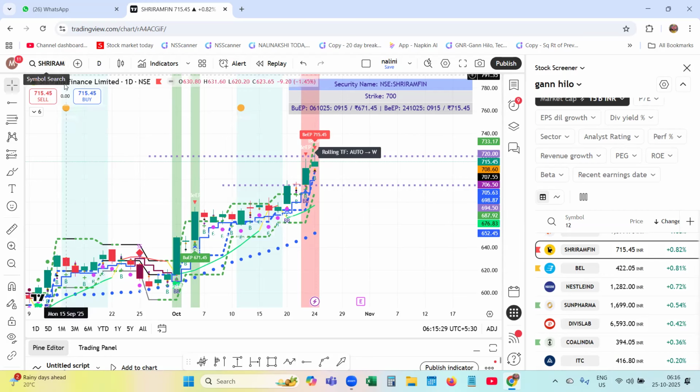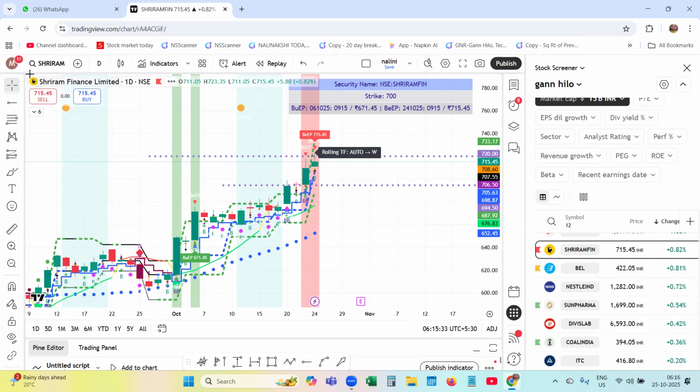700 strike price, the 700 put option. That is November.